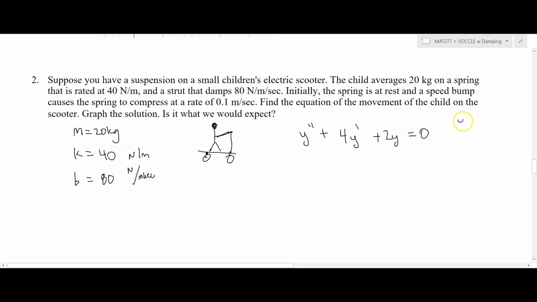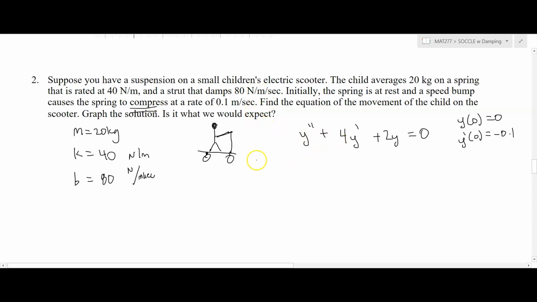And our initial conditions are the initial position is 0, and the initial rate of change is negative 0.1. Why? Because it's going across a speed bump, it's going to compress at a rate of 0.1 meters per second. So that's moving in the negative direction.